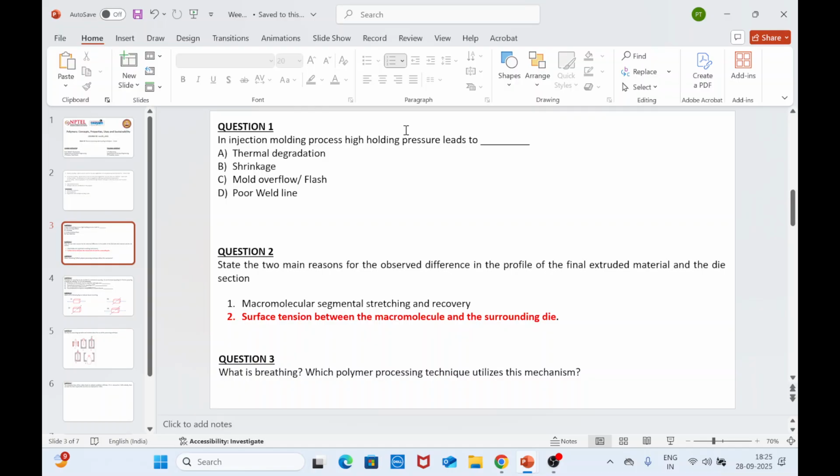But will that happen at high pressure, or at low pressure? But what about mold overflow?